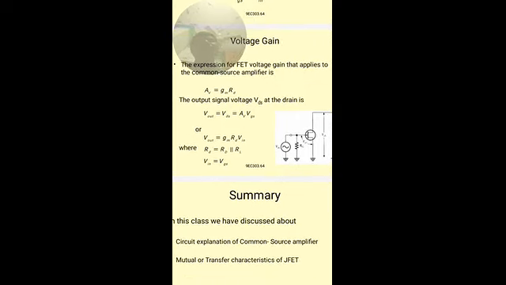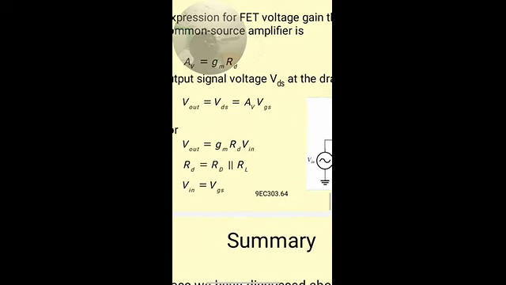The output voltage Vout is AV into VGS. But AV is GM into RD, so we can write the output voltage as GM RD into Vin, and Vin is VGS.